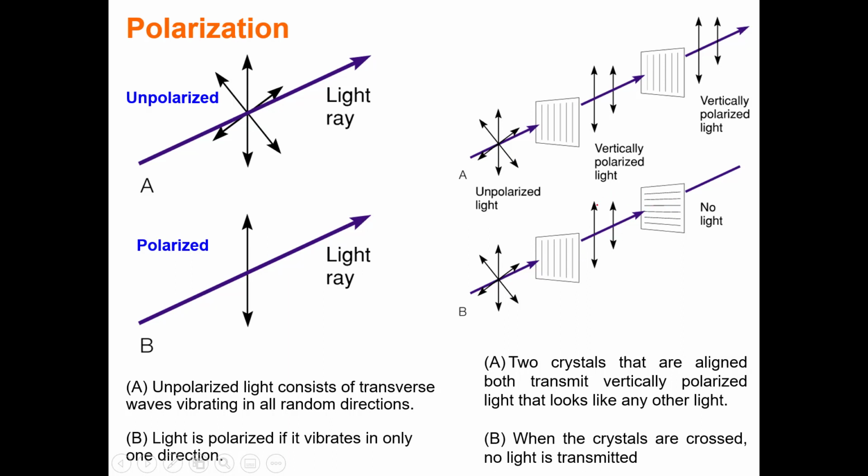We cannot see that the light is polarized, but what we can see is, with crossed polarizers, we don't see light here, because the light vibrates in the vertical direction and this one allows only light vibrating in the horizontal direction to pass. But because the light is vibrating vertically, it cannot pass through this one. So we cannot see the light here.